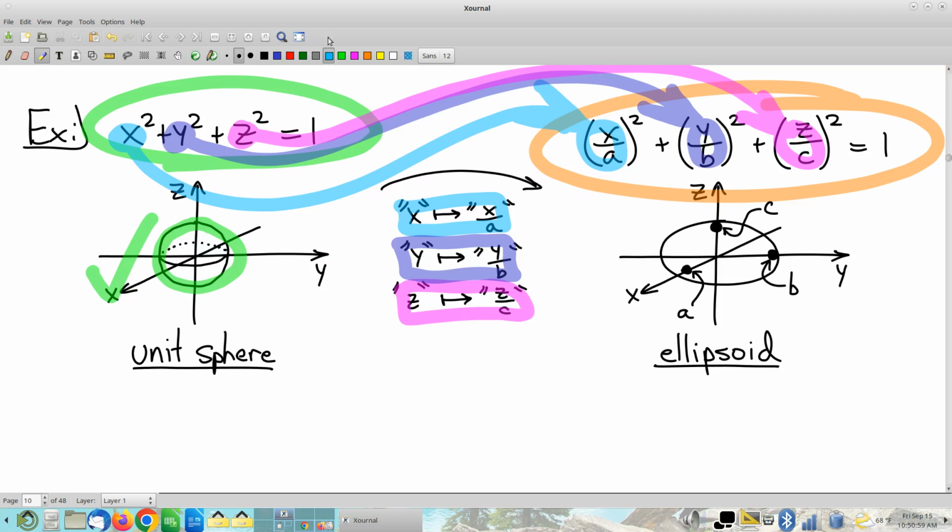And stretching by a factor of a turns, if you will, a radius of 1 in the x direction into a radius of a in the x direction. And likewise, b in the y direction and c in the z direction. And that's easy to understand, and it's easy to draw a picture of, because if I have a sphere and I start stretching it in different directions, I get something that's ellipse-like, and they call this an ellipsoid. Is that cool? Everybody happy with that?